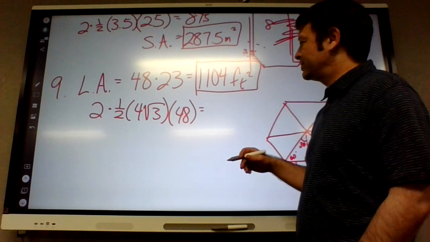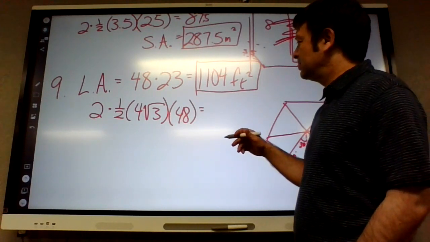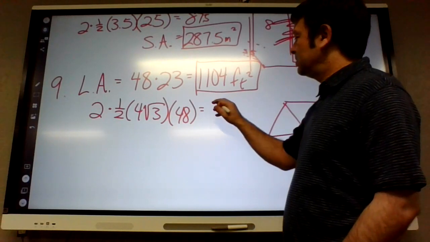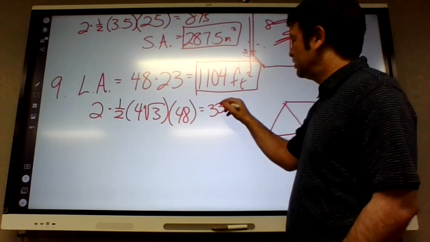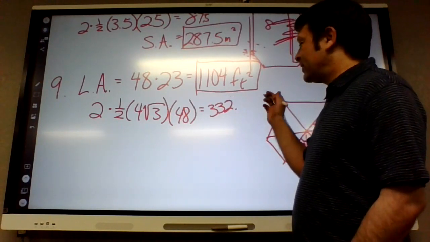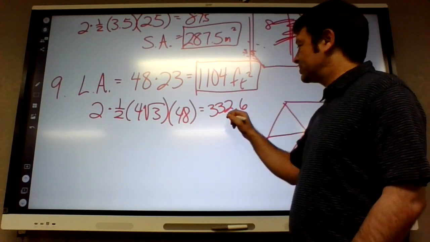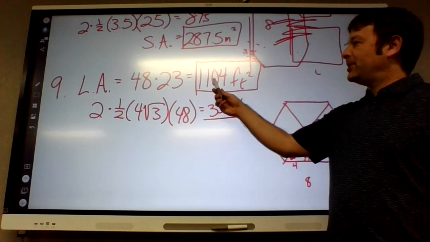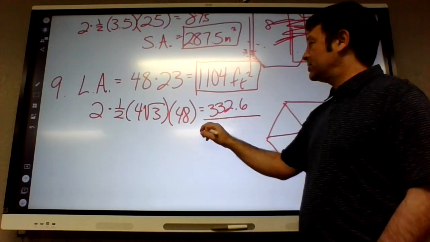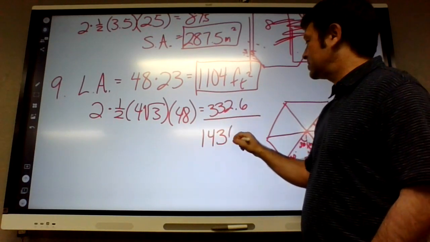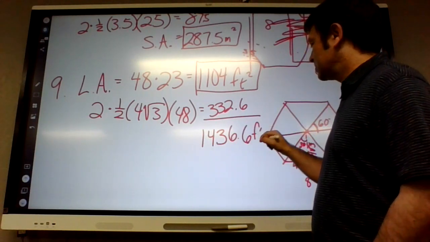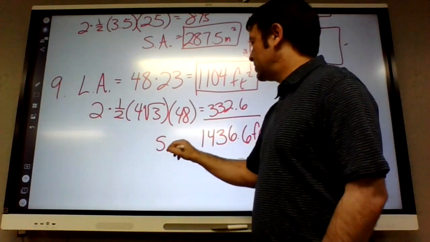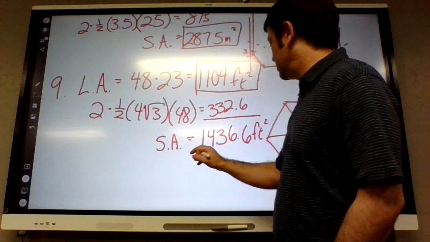What did that come out as? 1,263.3. Yes, 0.55, so you could round it to 0.6. So that's the 2 base areas. If we add that back to the lateral area, we get 1436.6. That is the total surface area.